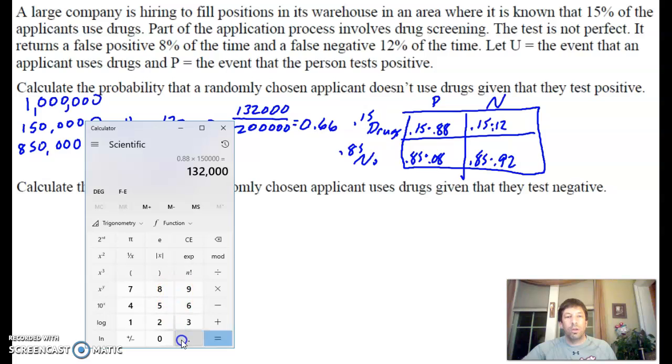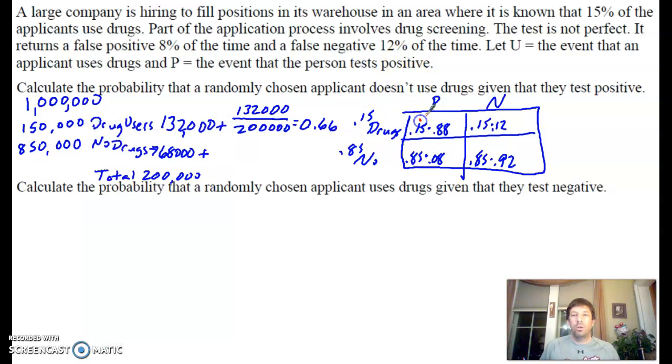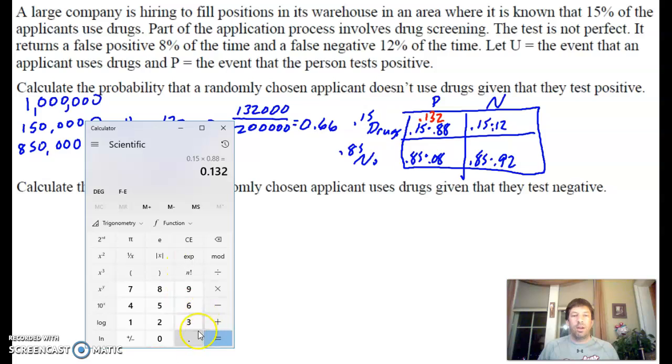So let's do 0.15 times 0.88, and we get 0.132. 0.15 times 0.12 is 0.018.